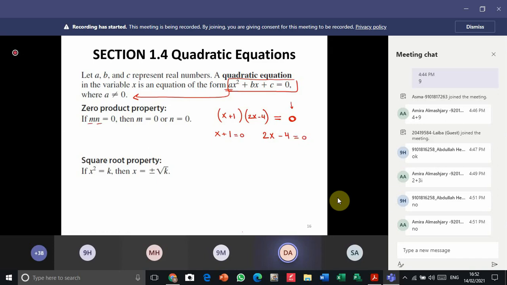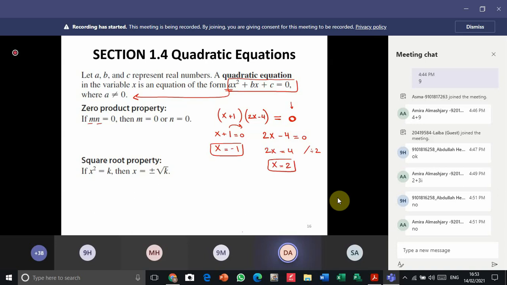Okay, you learned this: it is impossible for a product to equal 0 unless one of them is 0. So x equals negative 1, after moving the positive 1 to the right-hand side, or 2x equals 4, after dividing by 2 we have x equals what? 2. So we have two solutions for this equation.